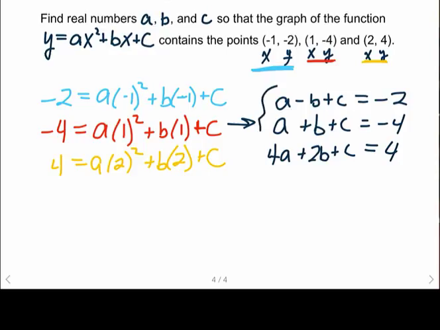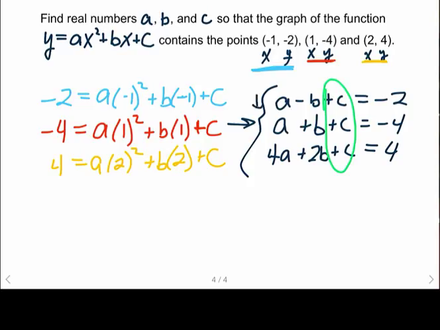So here we have a 3 by 3 system that was obtained by substituting 3 ordered pairs in turn into an equation. I'm looking at this kind of holistically here, and it looks like it would probably be a toss-up between eliminating the b's and eliminating the c's. What I'm going to do is go ahead and eliminate the c's.